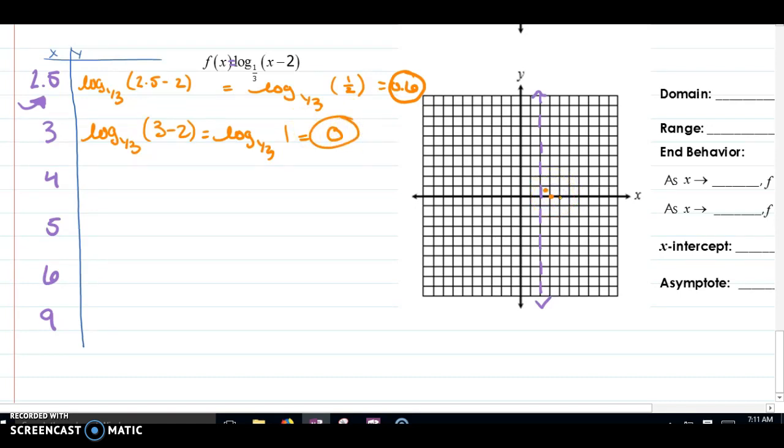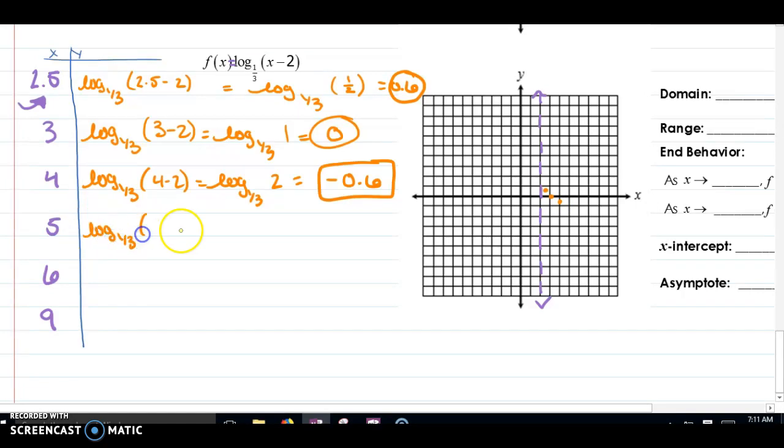Okay, and then for 4, log base 1/3 of 4 minus 2 is log base 1/3 of 2. And you're going to do log of 2 divided by log of 1/3. And you get negative 0.6. So 4, negative 0.6. Okay, it's kind of looking like a curve, almost like an exponential.